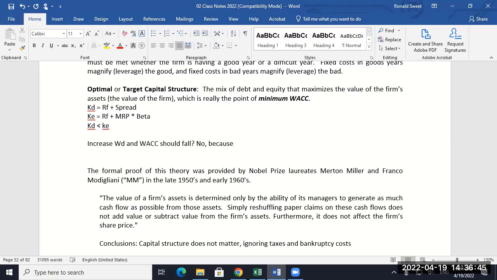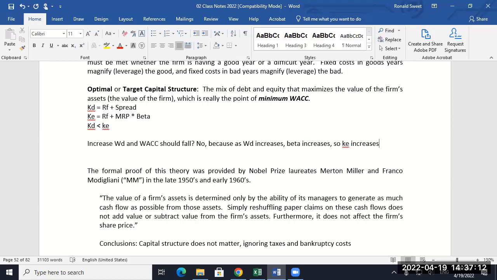You remember? A firm with a lot of debt has what kind of beta? A high beta or a low beta? It goes up. And so that's not true, because as weight of debt increases, beta increases, so KE increases.